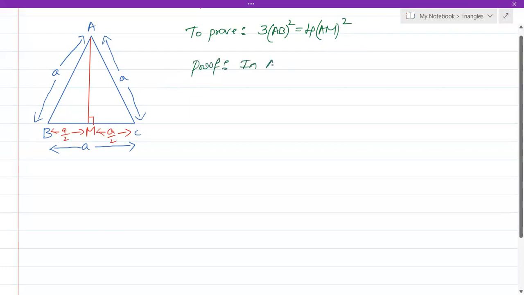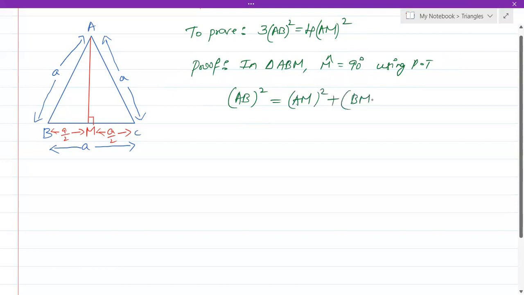Since we need AB square, let's take triangle ABM, where M is 90 degrees. So using Pythagoras theorem, we get AB square is equal to AM square plus BM square. So AB value is A.